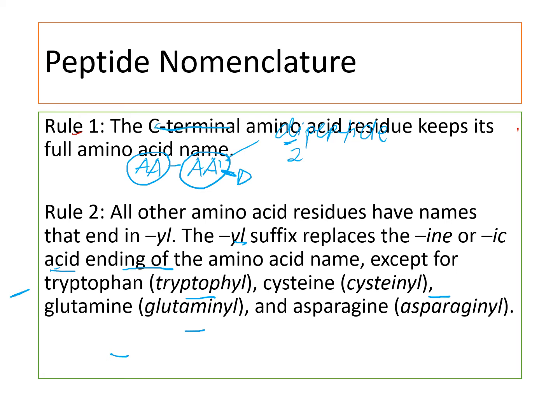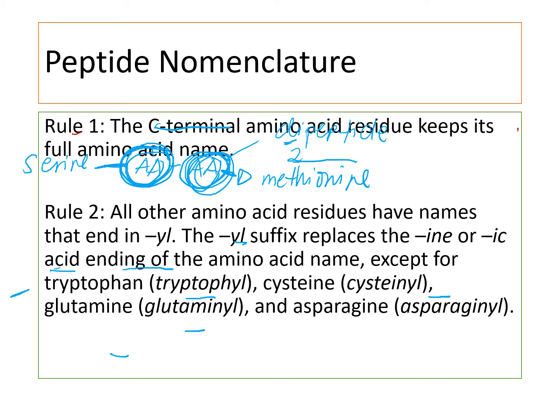Example, the name of this amino acid is methionine. Now, how would you name this one? Example, this one is serine.